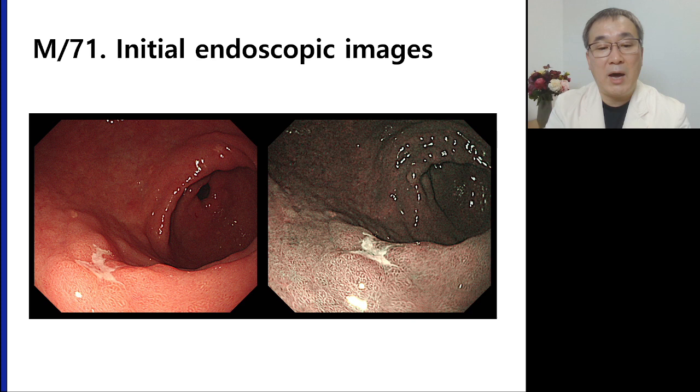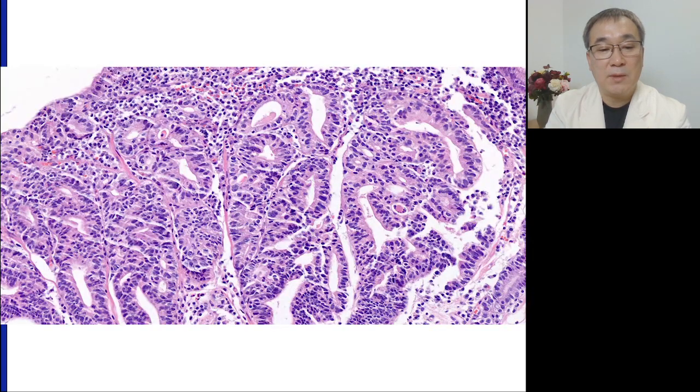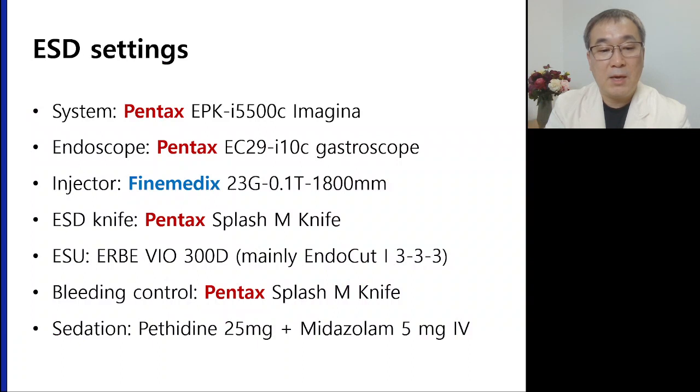From now on, I'd like to show you a video clip of endoscopic treatment of an EGC. A 21-year-old male was referred for the endoscopic treatment of early gastric cancer. The initial biopsy was moderately differentiated tubular adenocarcinoma. These are settings for my standard ESD.